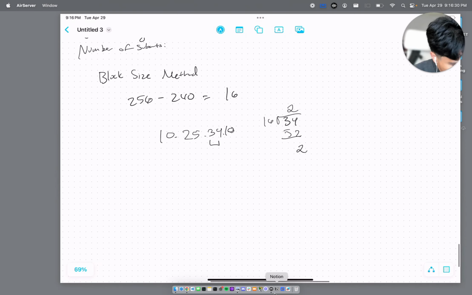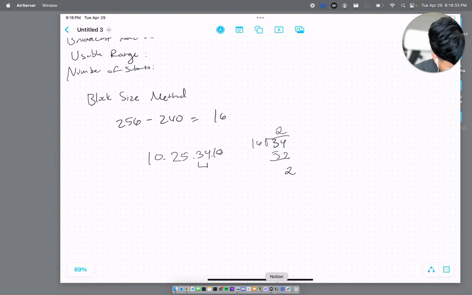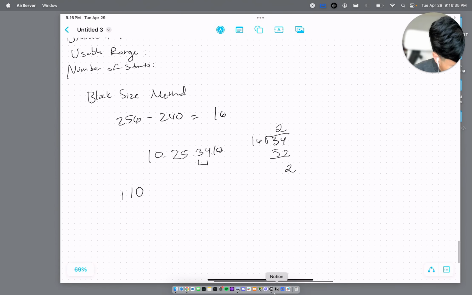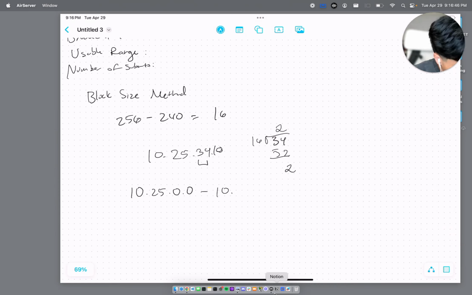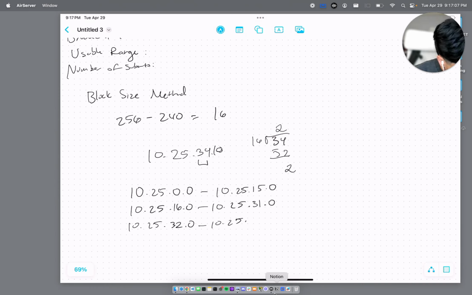Right, so the first network is 10.25.0.0 to 10.25.15.0, then 10.25.16.0, 10.25.31.0, then 10.25.32.0, and so on up to 10.25.47.